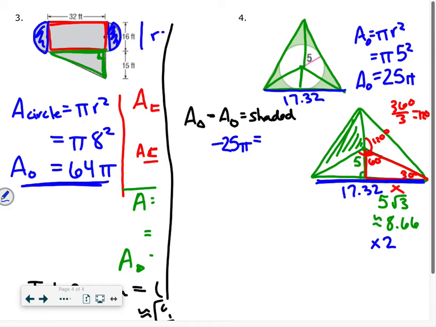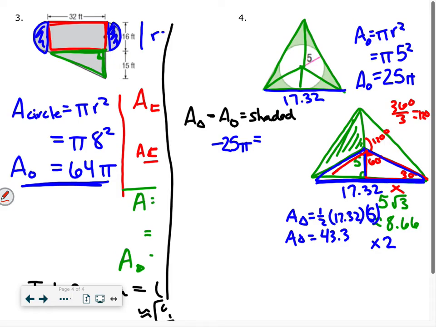Now what we can do is find the area of one of those triangles and multiply it by 3. So area of one of those triangles is going to be 1/2 our base, which is 17.32, and hopefully you have that exact number in your calculator still and didn't round it quite yet. And then multiply that by the height, which is 5. So the area of one of those smaller triangles is going to be about 43.3.